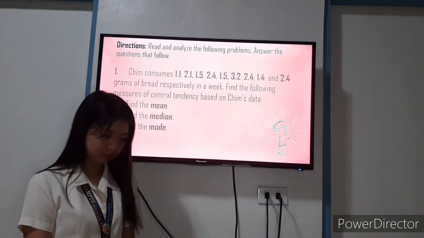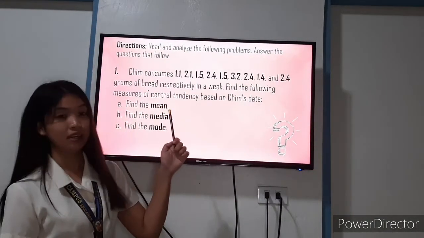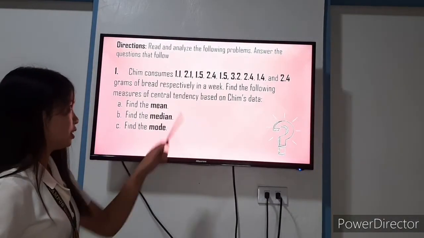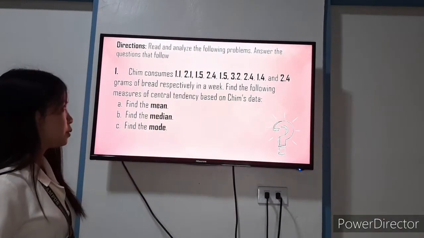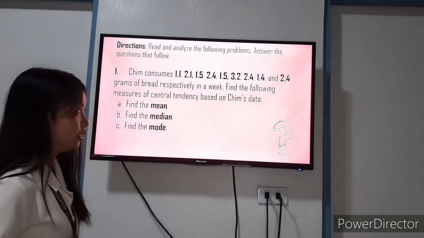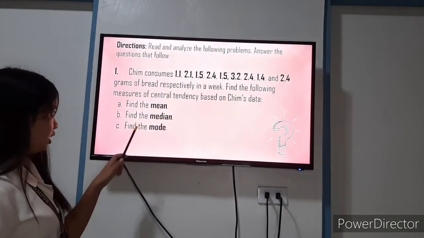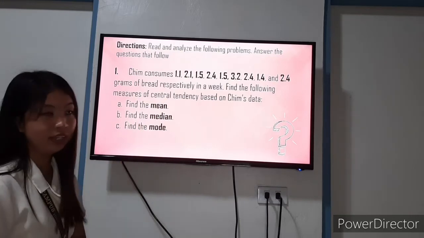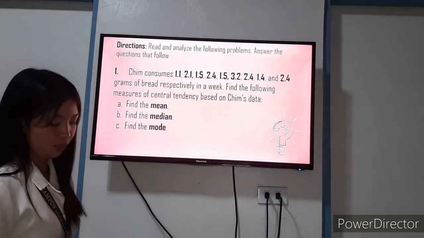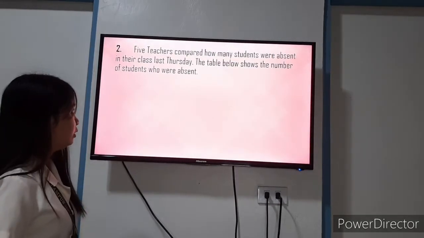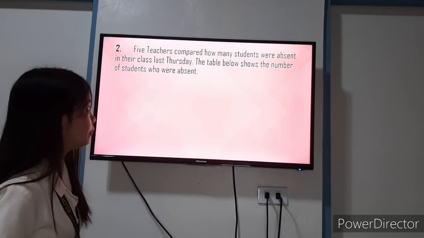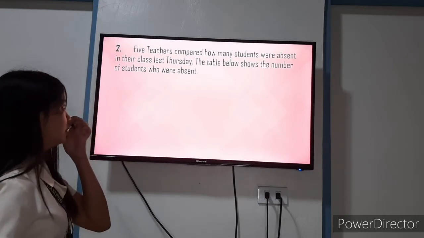So you see, it is a problem. Chin consumes these data in grams of bread respectively in a week. So you need to find out the mean, median, and mode of the grams of bread that Chin consumes in a week. The next one, here is the problem. 5 teachers compared how many students were absent in their class.